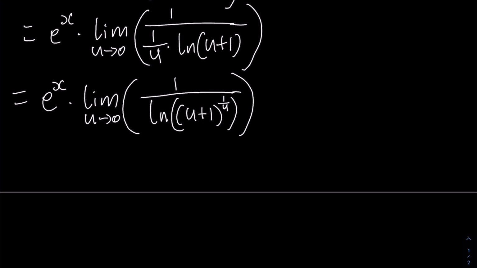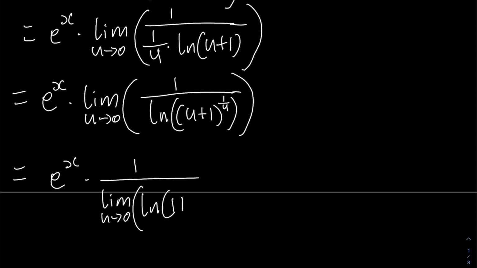So what we'll get is e to the x multiplied by 1 over the limit as u goes to 0 of the natural log of 1 plus u to the 1 over u's power. That's all in the natural log, like so.